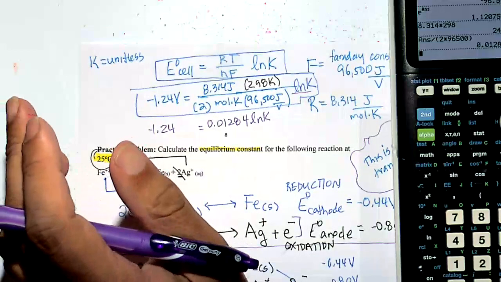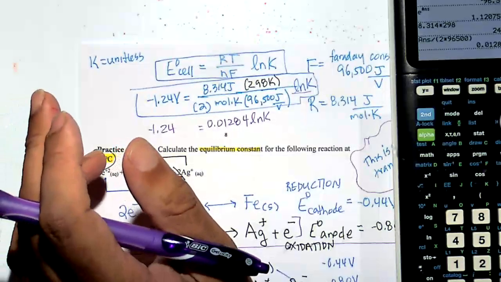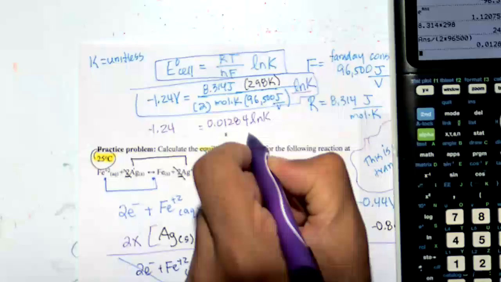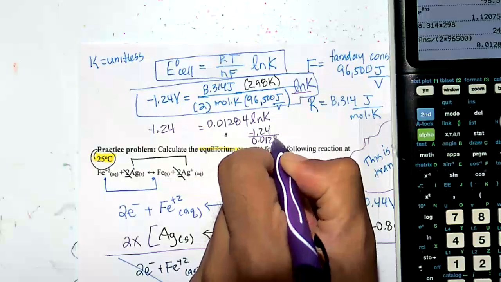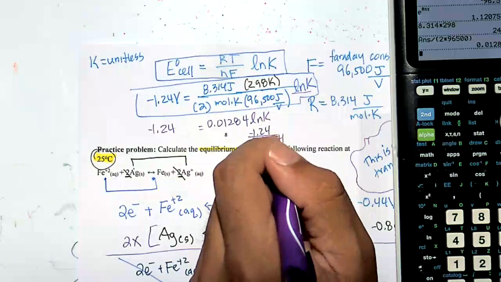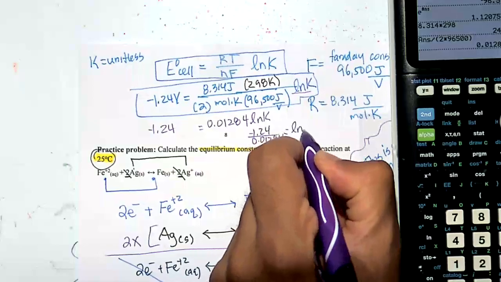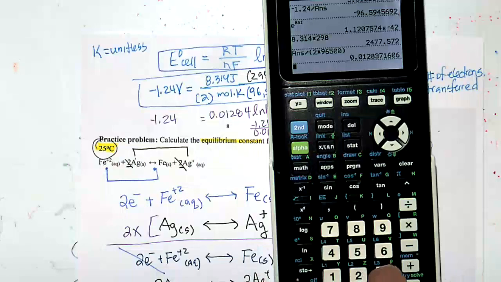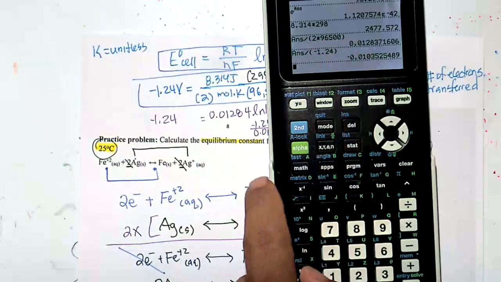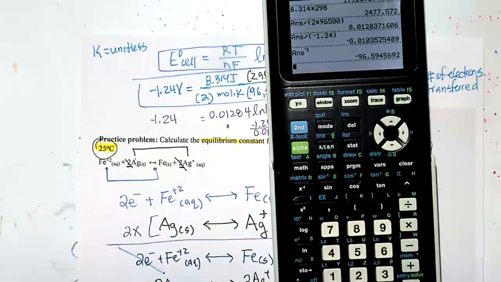I'm going to avoid the units here. So minus 1.24 divided by 0.01284 equals natural log of K. Taking minus 1.24 divided by that number, I'm getting about minus 96.59.